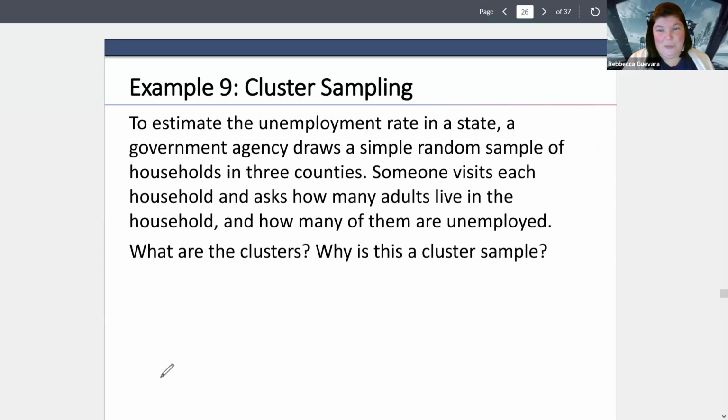So we have some sort of state here. Let's just randomly pick a state. Yeah, that's good enough. That's a random state. Someone visits each household in 3 counties. So what we're doing is we're just picking a couple counties.